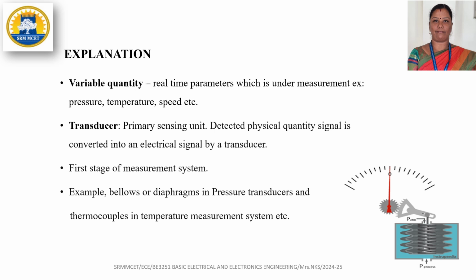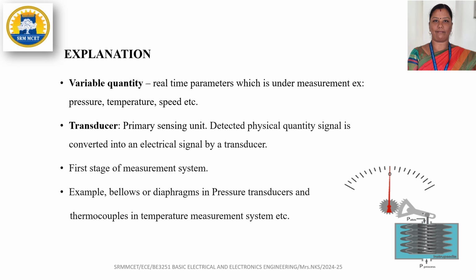The next block is the transducer. This is the primary sensing unit of an instrument system. It is also called a sensor, which means this transducer has physical contact with the parameter we are going to measure. So this is the first stage of the measurement system.